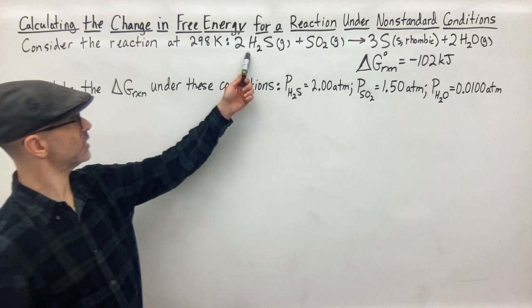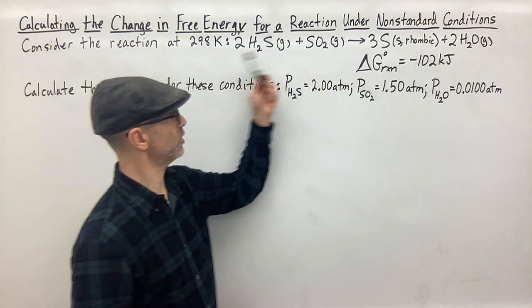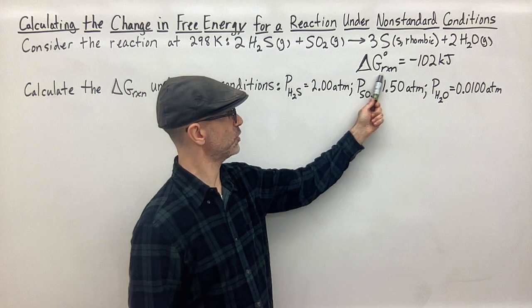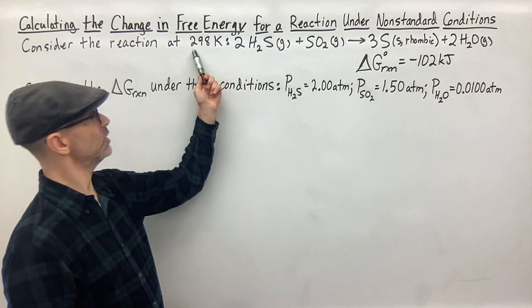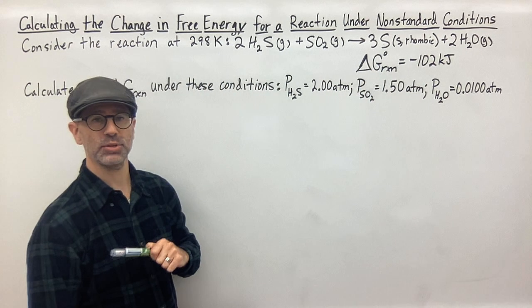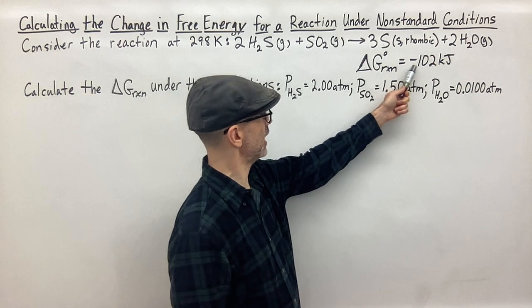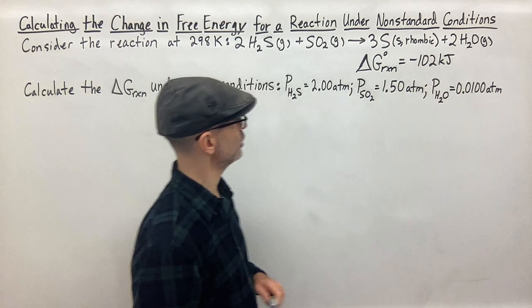This is our equation. And we're given that the standard free energy change of this reaction at 298 degrees Kelvin, which is your standard temperature, is negative 102 kilojoules.